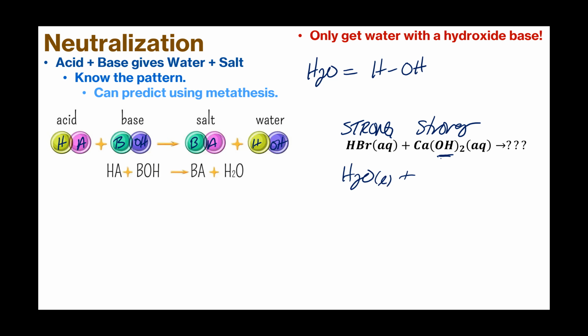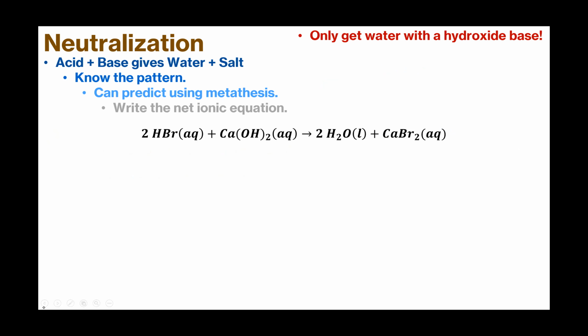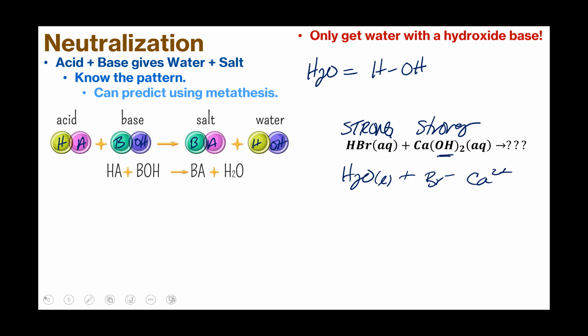We're going to get a salt that's the stuff that's left over. So that's Br minus and Ca2 plus. Let's make a formula of those two things together, which would be CaBr2. And if we look at our solubility guidelines, calcium bromide should be soluble.